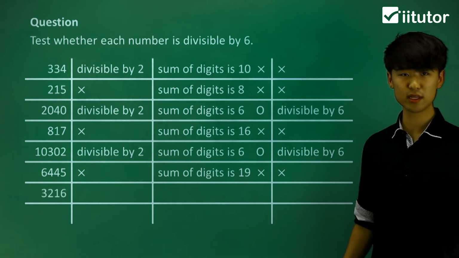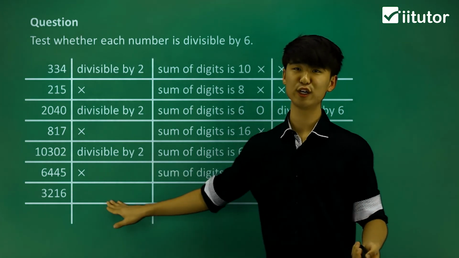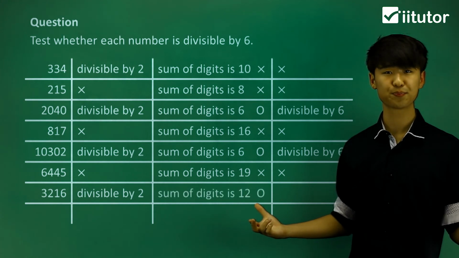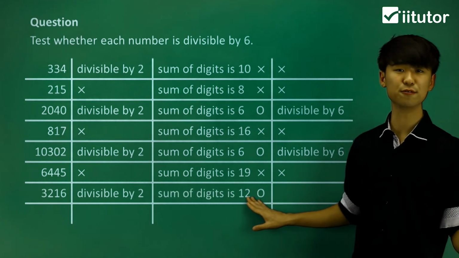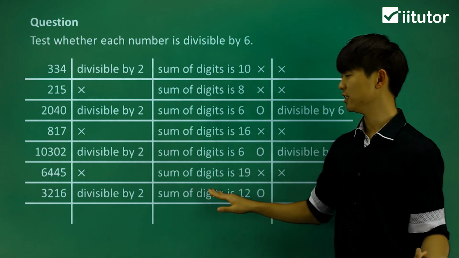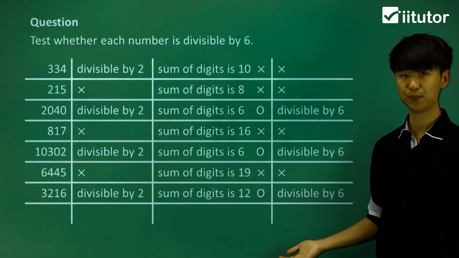Now next one, 3,216. It's an even number that ends in 6, so it's divisible by 2. Let's see if it's divisible by 3. If we add all the digits up, the sum of the digits is 12, which is of course divisible by 3. So it's divisible by 2, it's divisible by 3, then it's divisible by 6 as well.